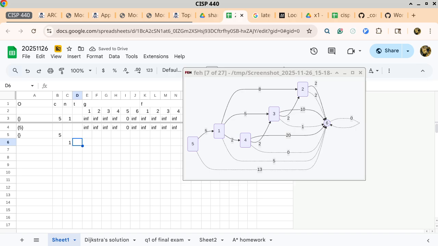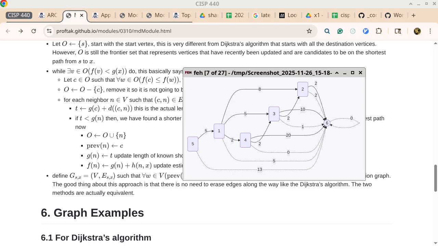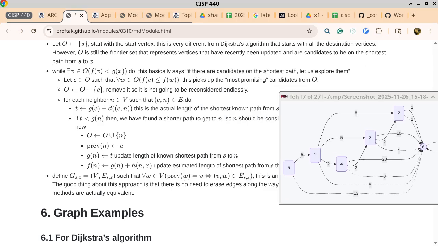So now we're going to figure out the value of t. If we go back to the algorithm, the value of t is calculated this way.